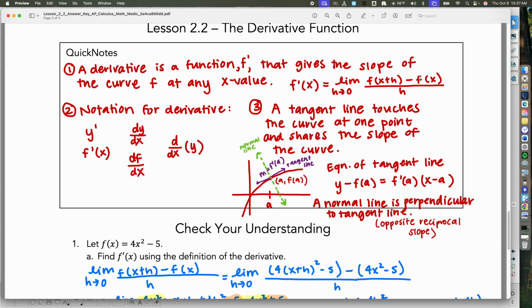The second one is the alternative one I showed you yesterday at the end of the notes, the limit as x goes to a of f of x minus f of a, over x minus a. The second one is rarely ever used. We pretty much exclusively use the first version to do work. The only place I've ever seen the second version is on the AP test, where it says, what do these stand for? Okay.